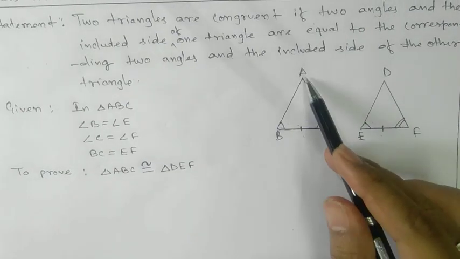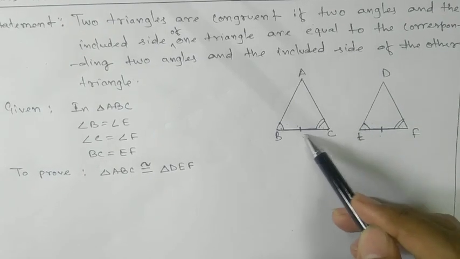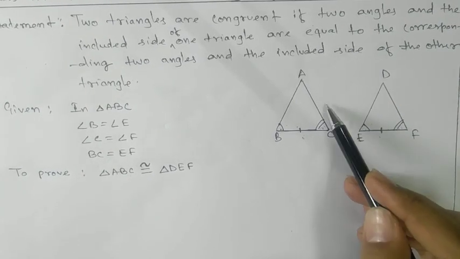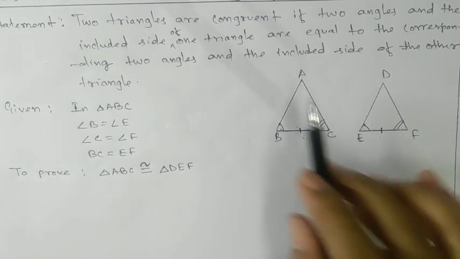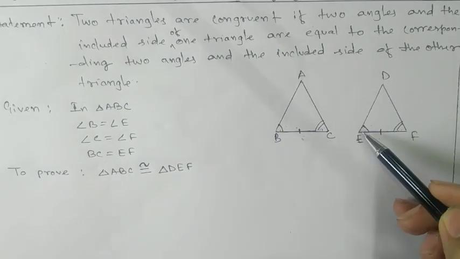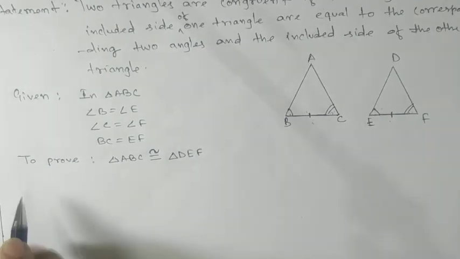Or you take AC equals DF, these two are already given, you just need to show that AC equals DF. So we'll take only one side, AB and DE. Then there may be three possibilities. Let's see, we'll start with the proof.